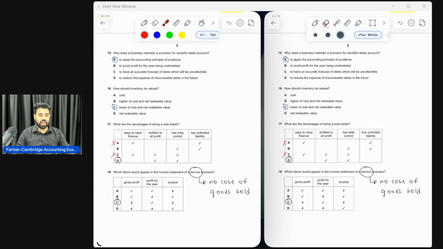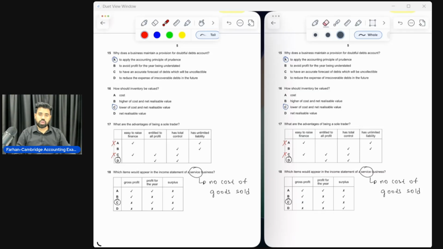And this is mainly an estimate, an assumption, which is based on historical events that we had gone through with some of the credit customers to whom we have sold inventory in the past on credit. So when we maintain a provision for doubtful debts, using the prudence concept as we have discussed, we are ensuring that we are not overstating our assets, which are the trade receivables, the credit customers of the business.